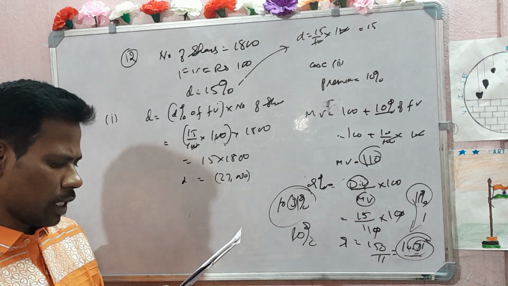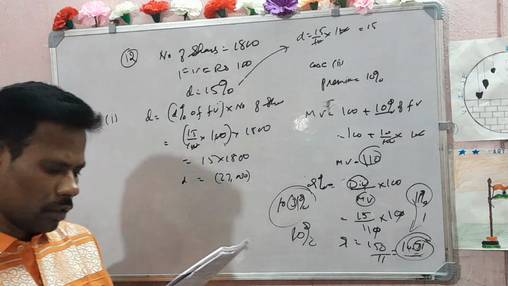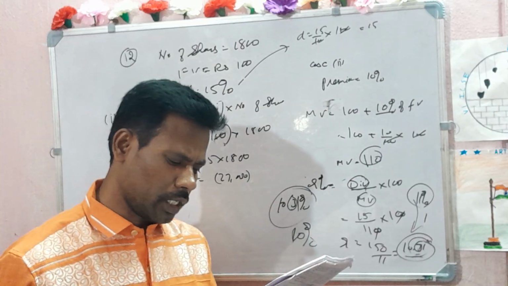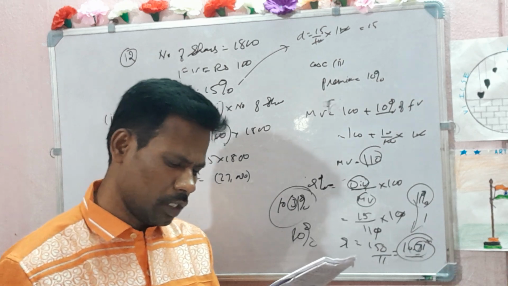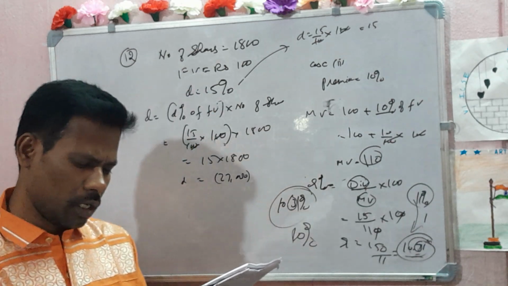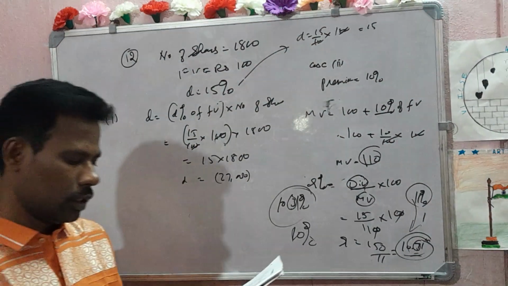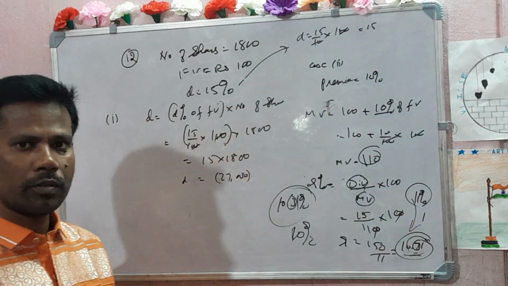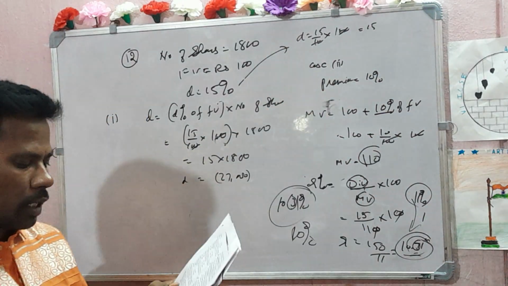A man invests, again problem number 13. A man invests rupees 11,200 in a company paying 6%. And again this is also the same thing, same formula we should apply, same procedure we should apply.